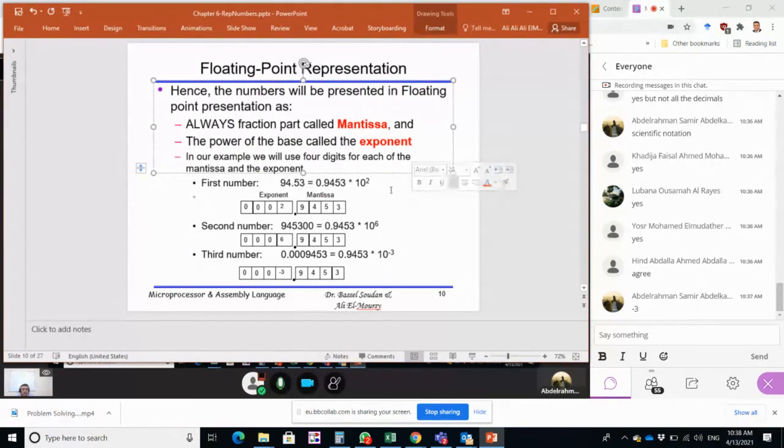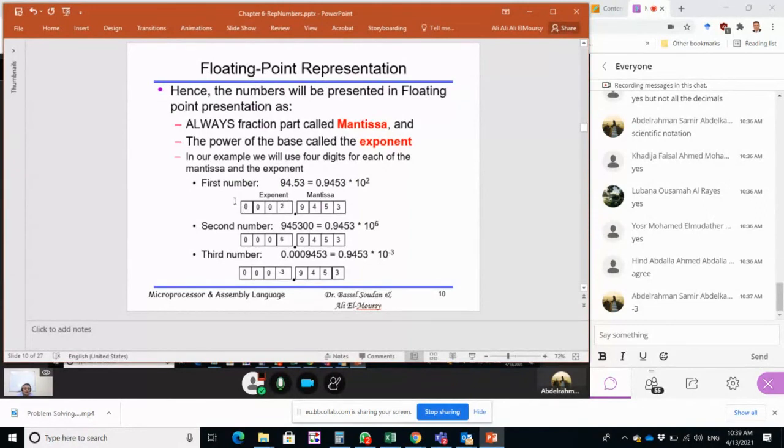Okay, I will use, as Abdurrahman mentioned, the scientific notation of the number to be stored in my storage. Right now, I will store my first number as 0.9453. Okay, يبقى ال first four storages here will store the meat or the digits of the number itself. We call it the mantissa.